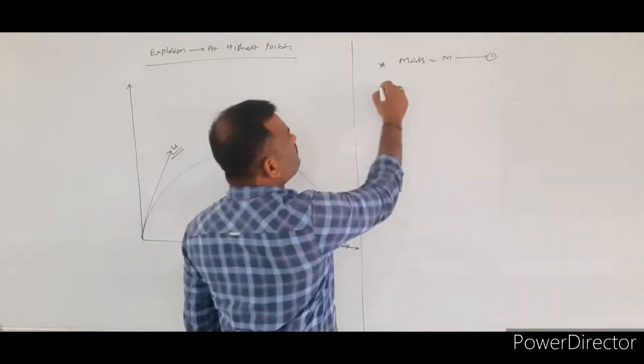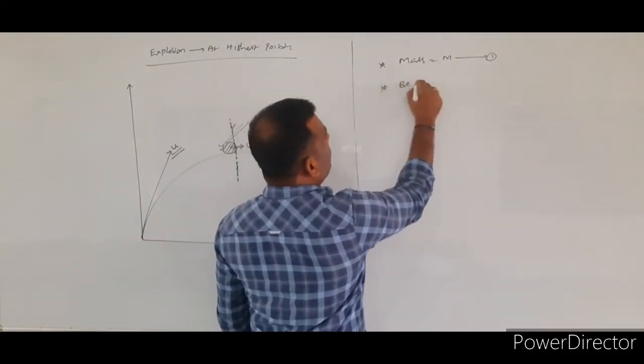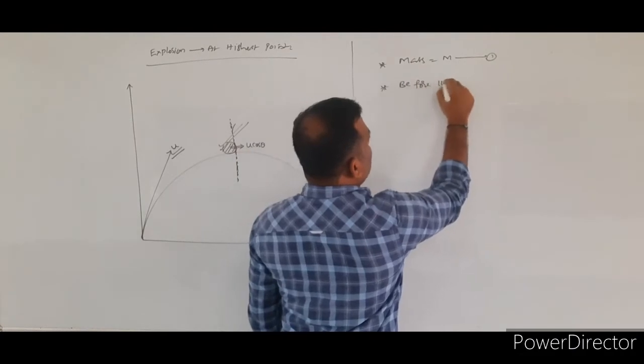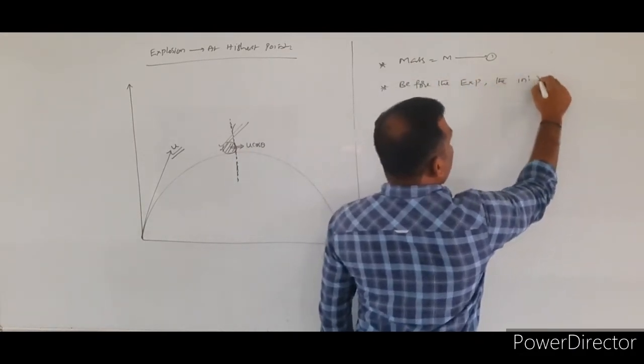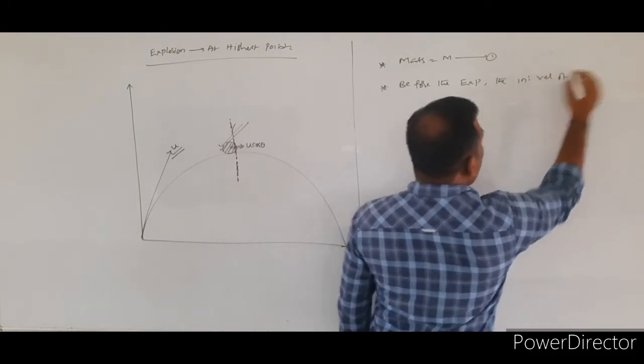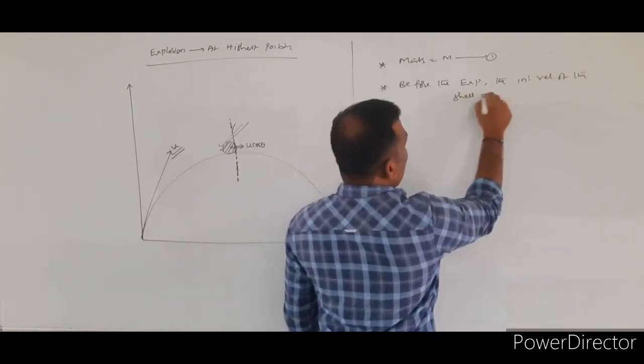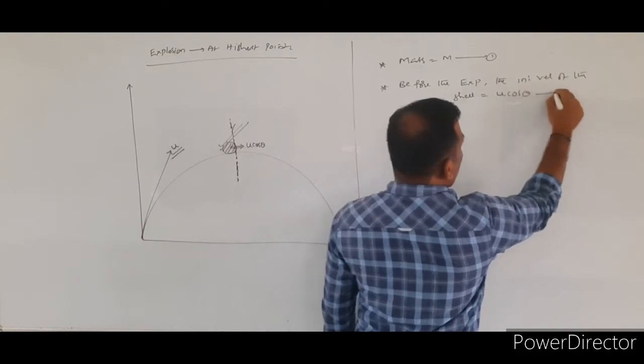So before the explosion, the initial velocity of the shell is equal to u cos theta.